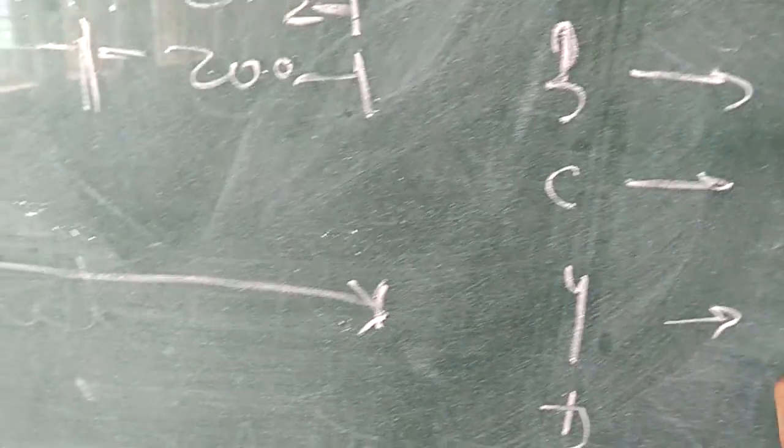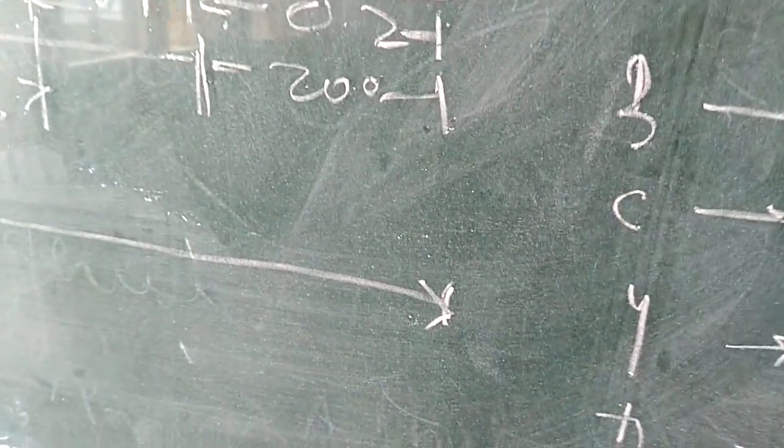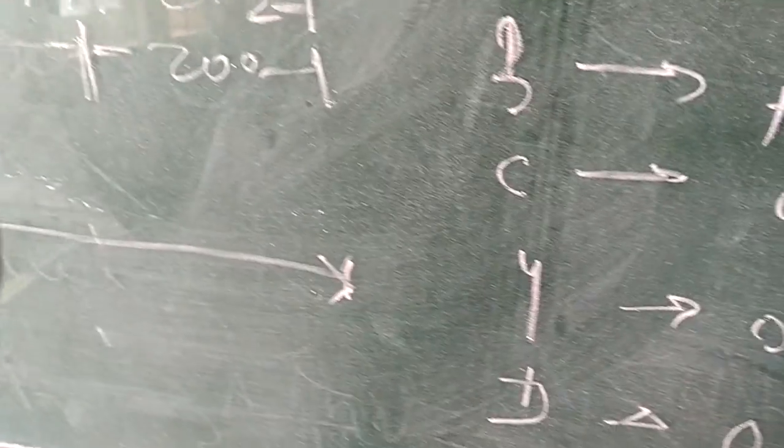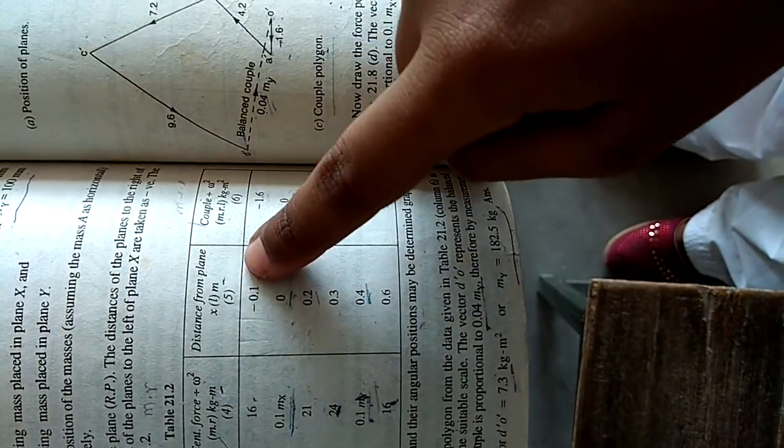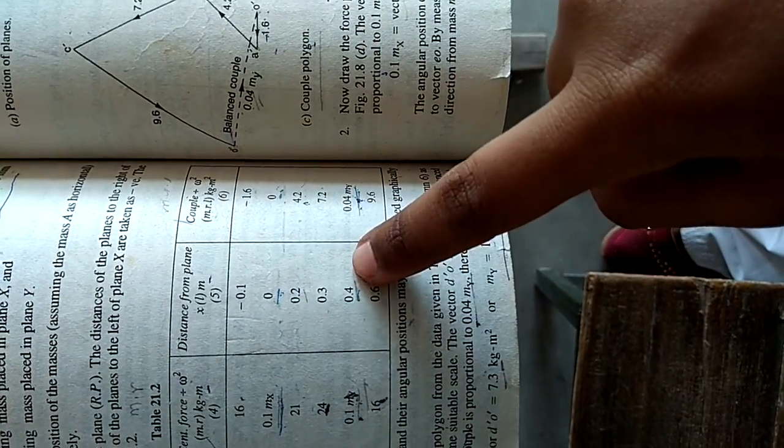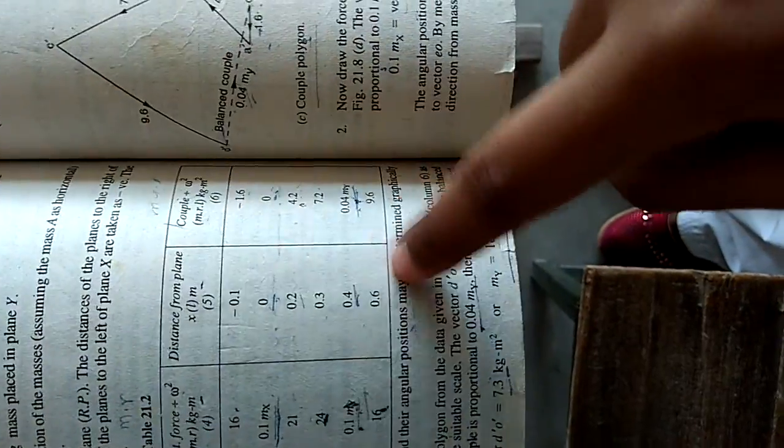Then here will be 0.4, and for this point 0.6. So in this table: minus 0.1, 0, 0.2, 0.3, 0.4, 0.6. This is how the values of this column have been obtained.